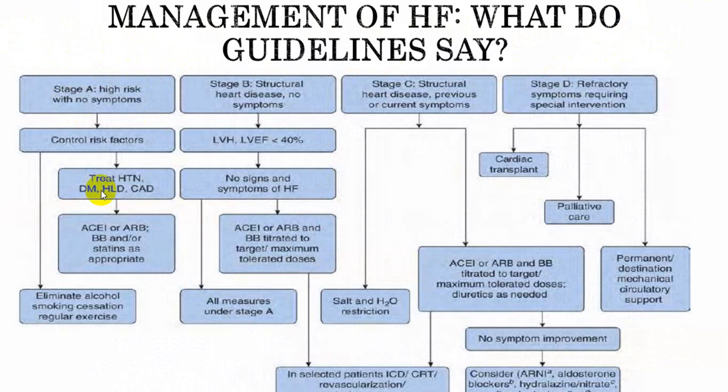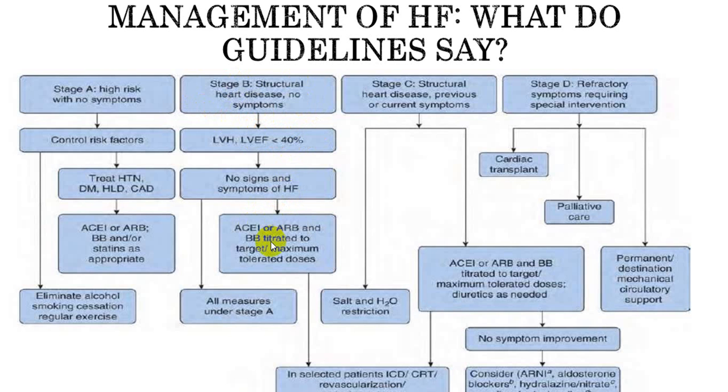In stage A, usually treatment for hypertension, diabetes, rigid control of hypertension, diabetes, coronary artery disease, etc., by using ACE inhibitors, beta blockers, statins, all those you should use, and stop alcohol and reduce sodium, etc. Smoking should be avoided. Once a person goes into stage B, by and large, these people have diastolic dysfunction and systolic dysfunction, but still they are asymptomatic.